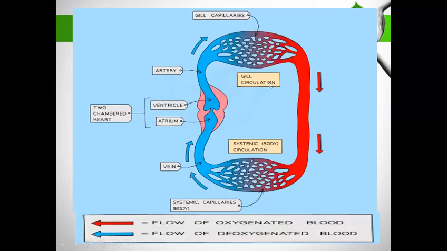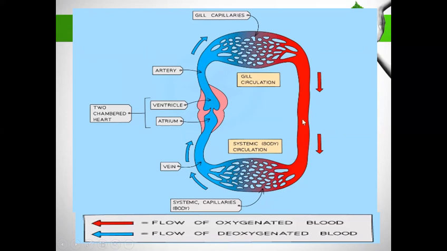Now you can see again the structure of the heart of a fish. You can see one atrium and one ventricle. Deoxygenated blood from the whole body enters the atrium, then goes to the ventricle, and from the ventricle it goes to the gills, where the exchange of gases takes place, and then oxygenated blood is transported to different parts of the body.